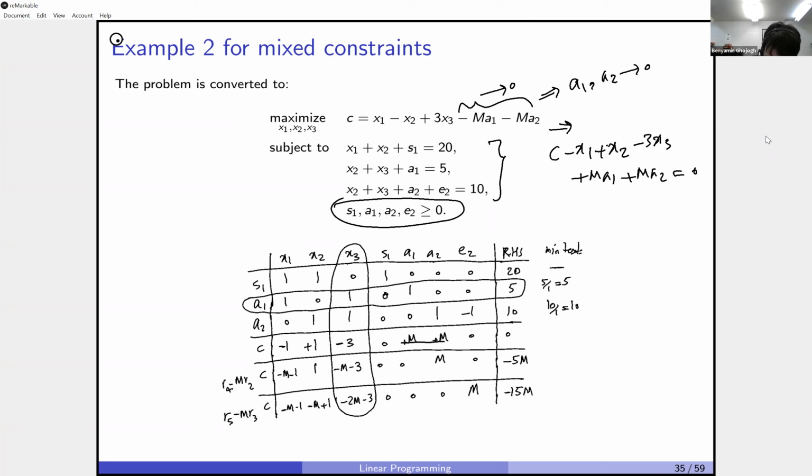Now these two are bothering me because, as I said, for additional variables, I want to make them basic initially. For here, I want this to become 0 except here. And for this, I want this to become 0 except here. Both of them, I want them to become basic variables.